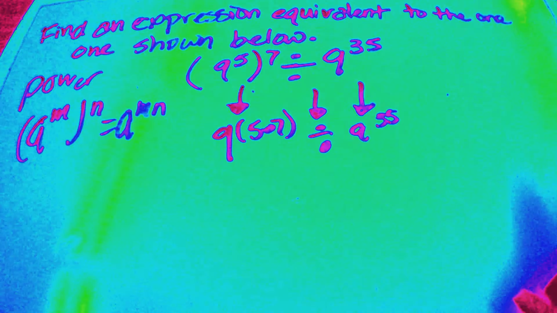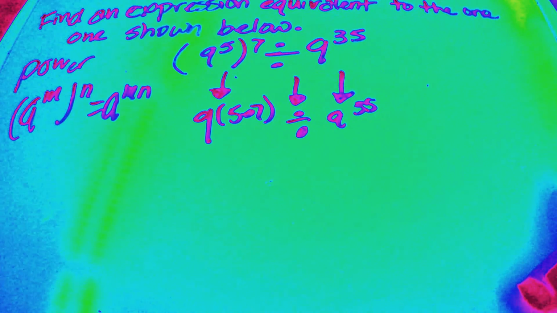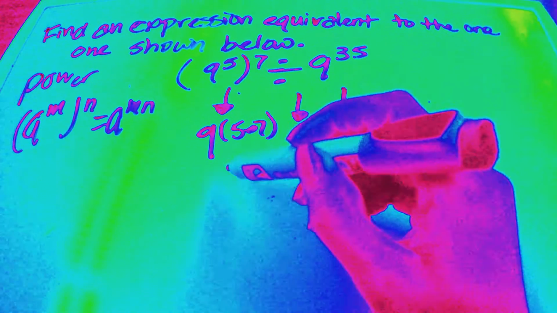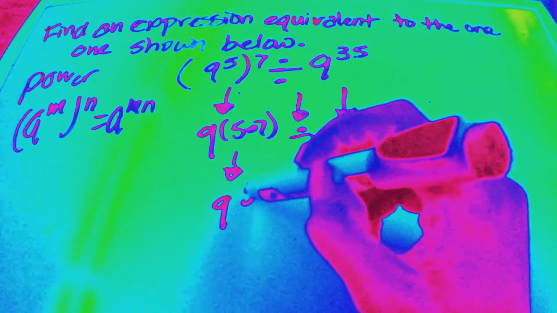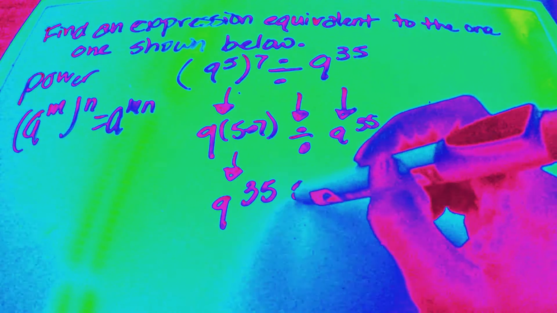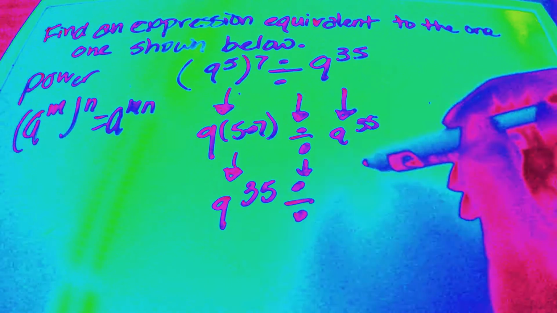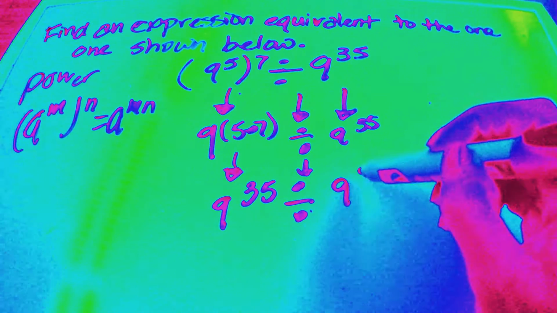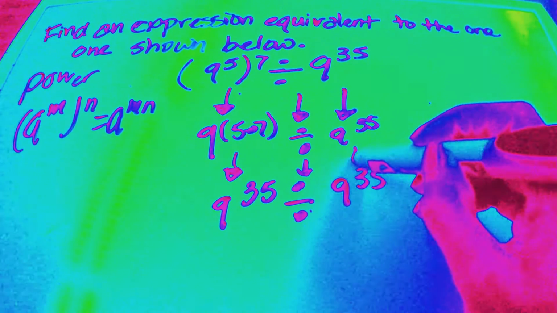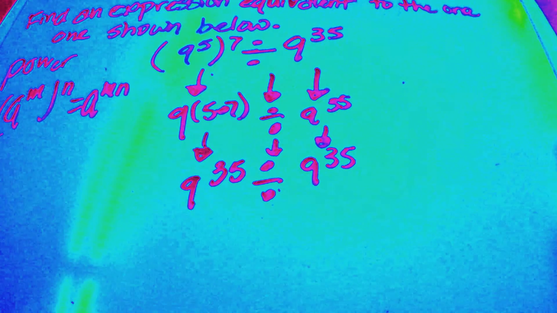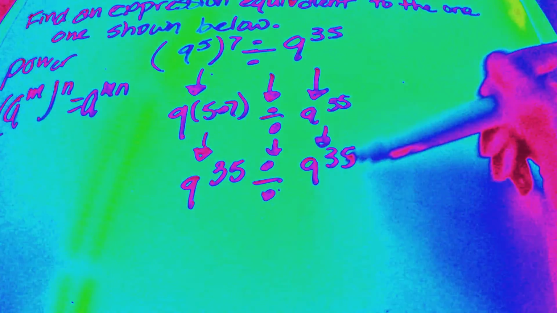Okay, let's keep track of our steps. 9 to the 5 times 7. 5 times 7 is 35. So, bring it down again. We have 9 to the 35th power divided by 9 to the 35th power. Okay, so this is now the quotient rule.